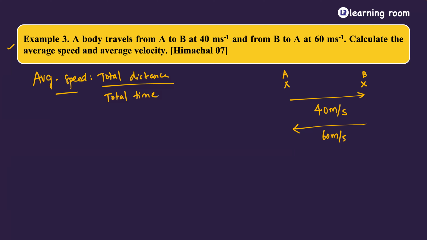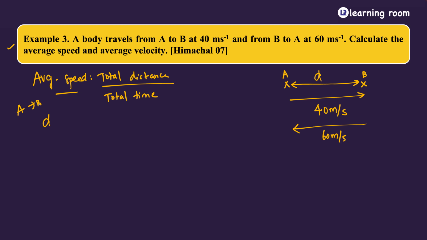Right. So how do we solve this? I think there is something missing in the question, but let's see. So if I take the distance from A to B as D, how much will be the value of D when the particle goes from A to B?